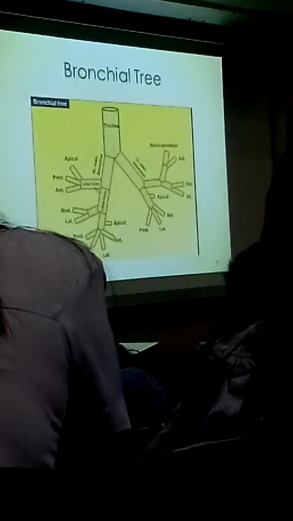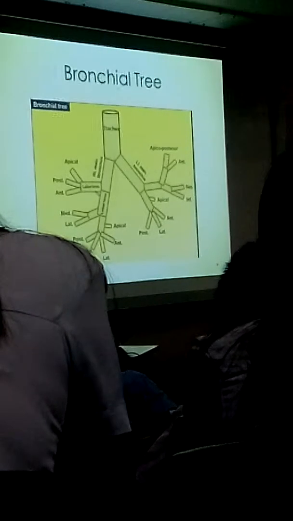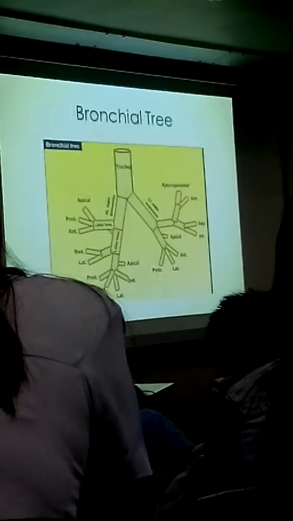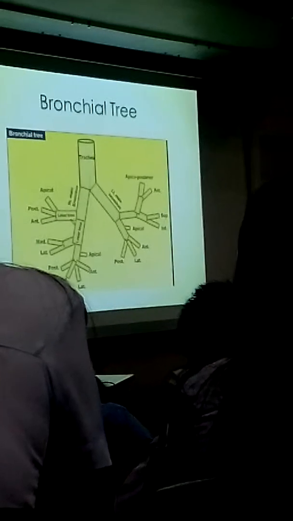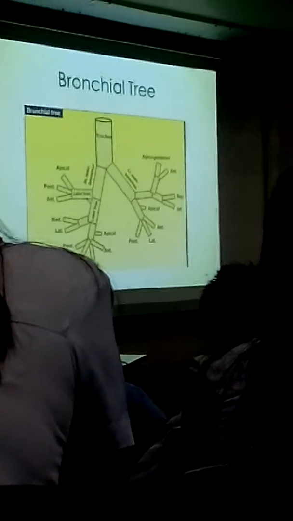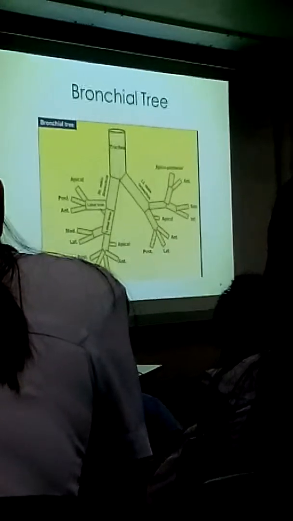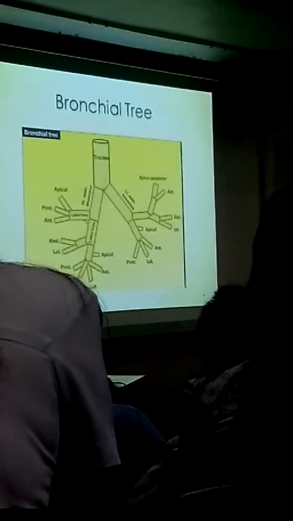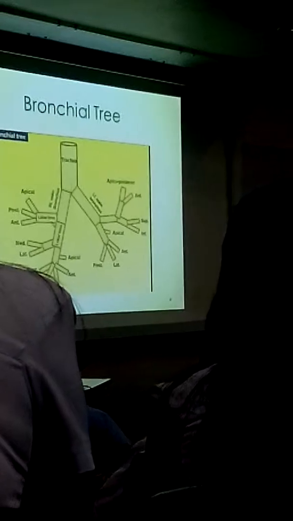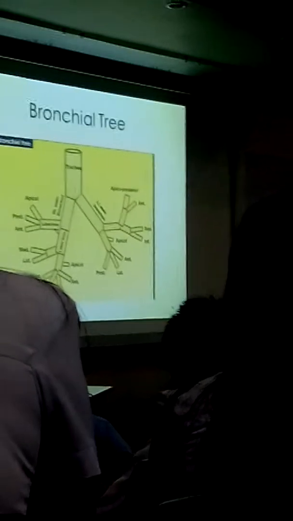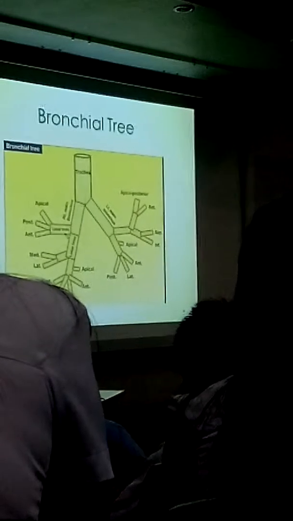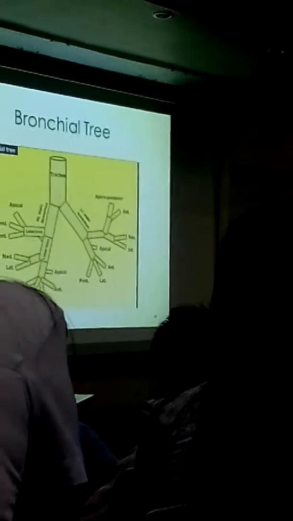So all in all, there are 8 segments in the left and 10 segments on the right. This is very important because when you do your bronchoscopy, you have to identify all the segments as well as identify which subsegment your endobronchial lesion or mass is located.